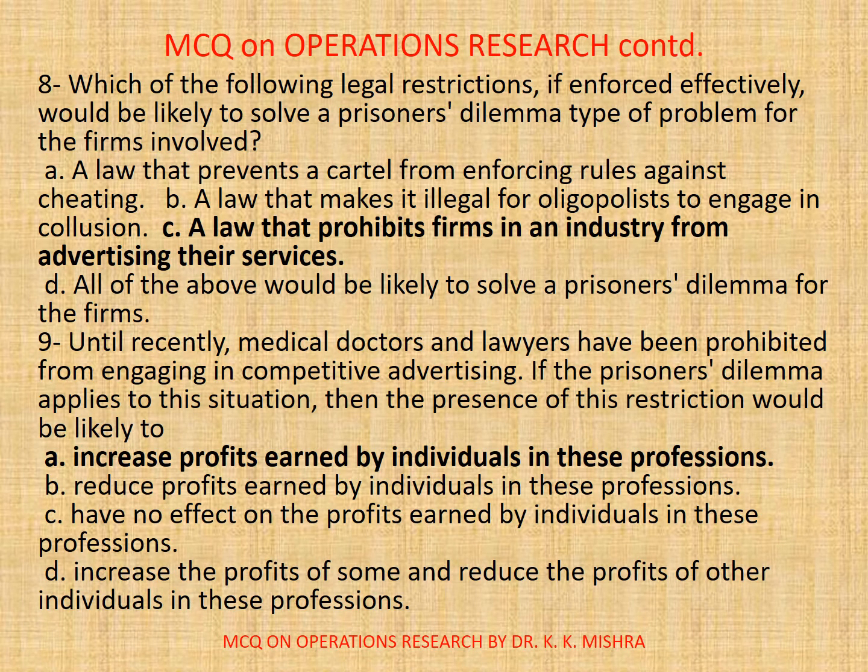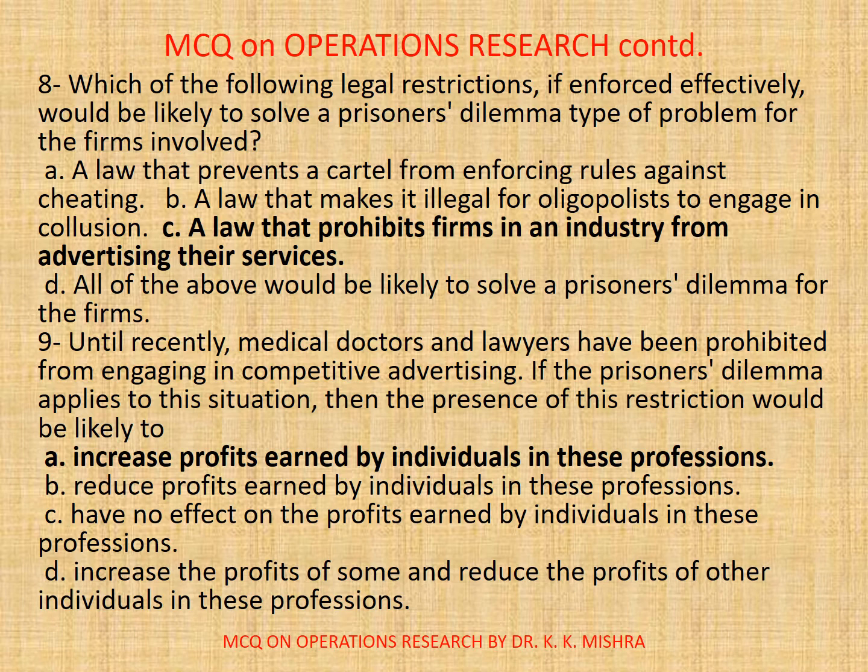8. Which of the following legal restrictions, if enforced effectively, would be likely to solve a prisoner's dilemma type of problem for the firms involved? If you compare the options given here, you will find the option C is correct. A law that prohibits firms in an industry from advertising their services. 9.